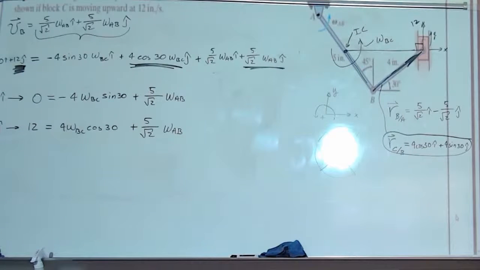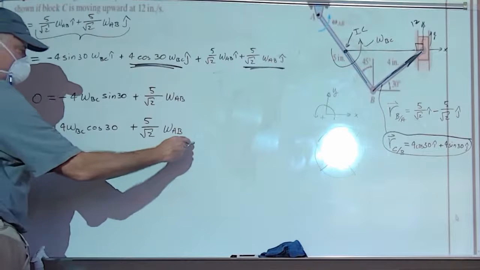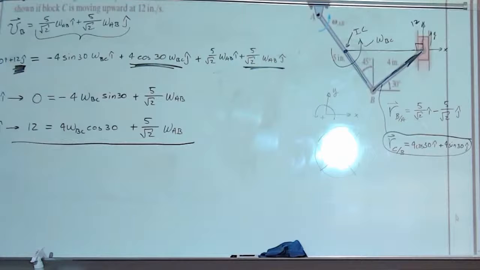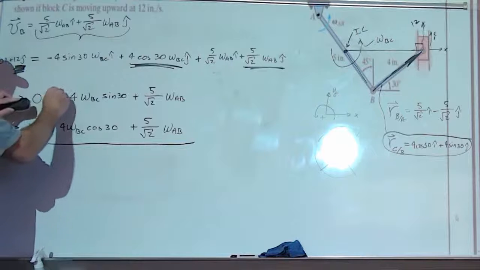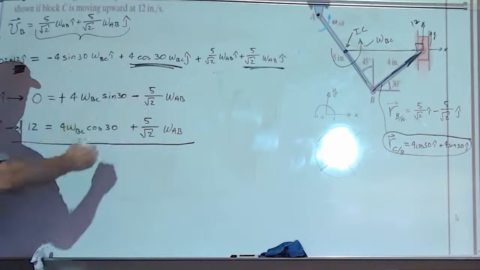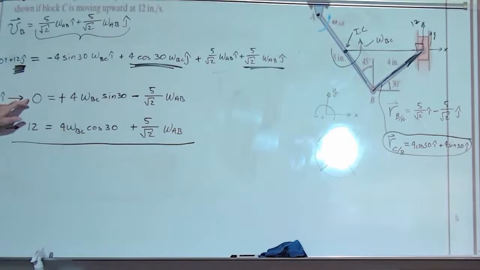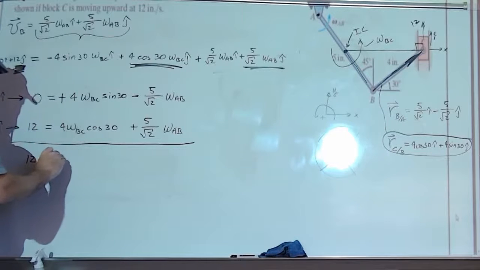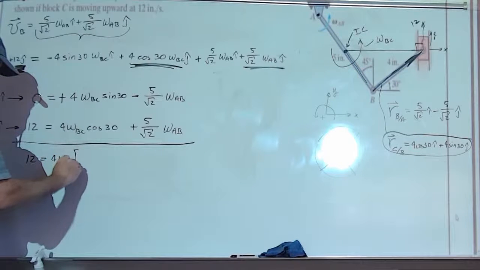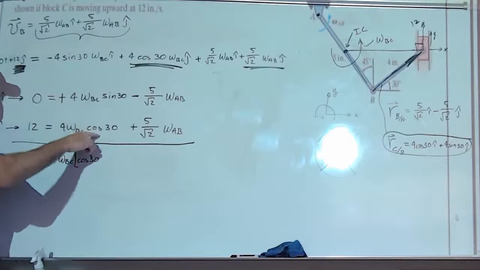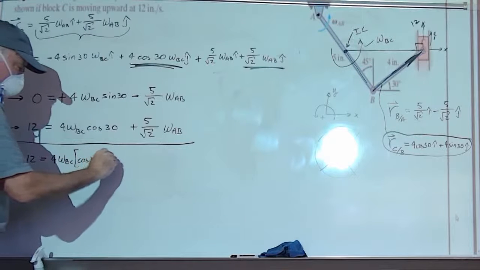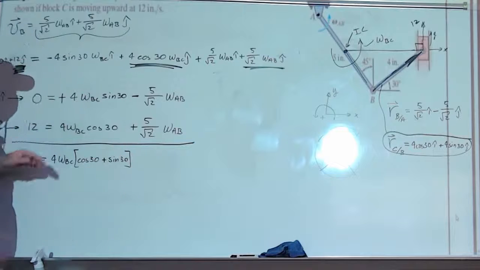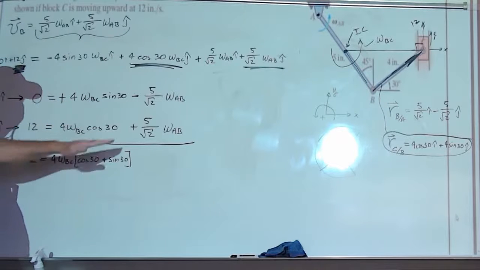Now, if I do something like crazy, like take the upper equation and change the signs, make that plus and that minus, and I could say I changed the sign over here, but there's not one, and then add the two equations, I get 12 equals 2, 4 omega BC, cosine 30 plus sine 30, and then nothing.